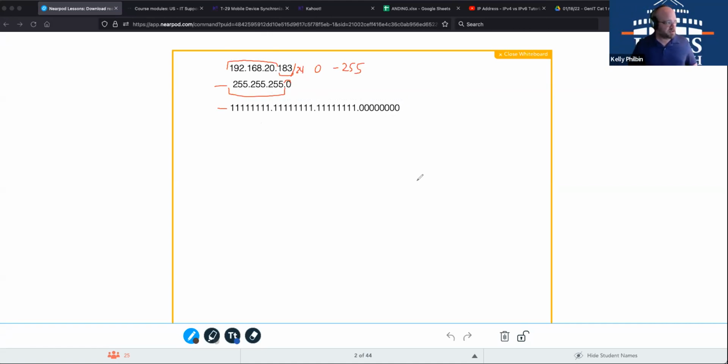So now what we can do, if we know that all the ones equal our network address, same thing up here, 255.255.255, that is 3 blocks of 8 ones, that equals our network. Same thing down here. We can do what's called a CIDR, break it down into smaller groups and add more to that network.